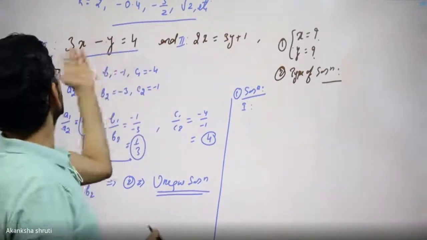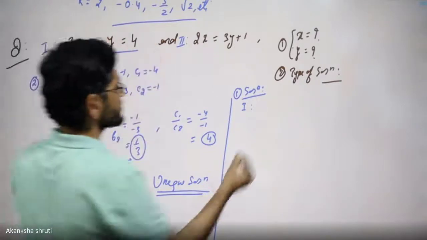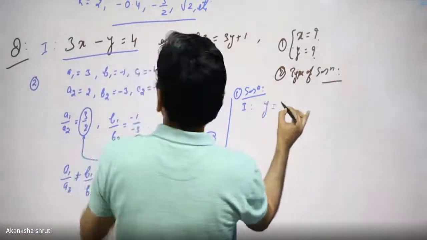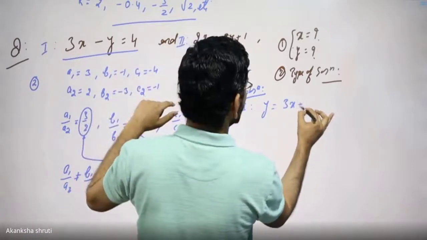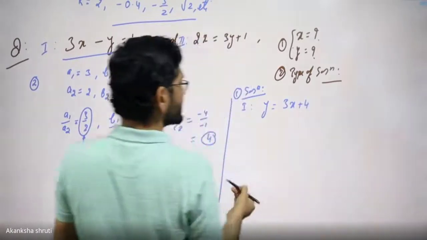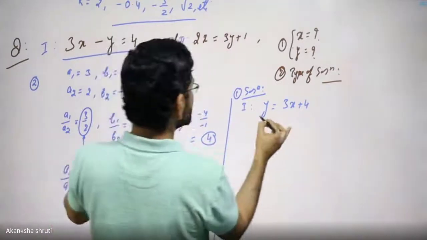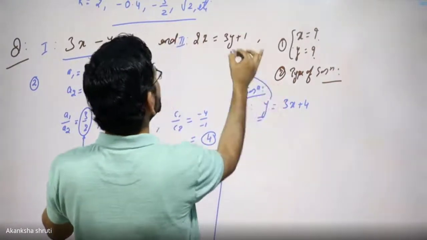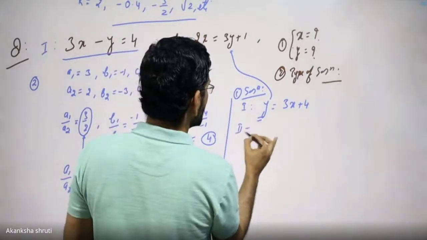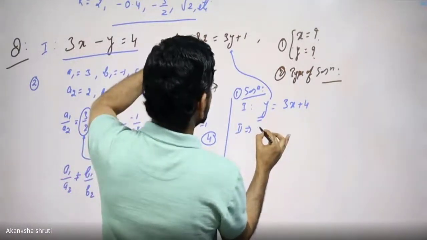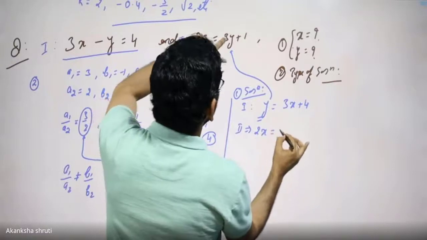Let me take equation 1, bringing this y to this side, y becomes 3x minus 4. Then this y has to be substituted here in equation 2, that is 2x is equal to 3y plus 1.